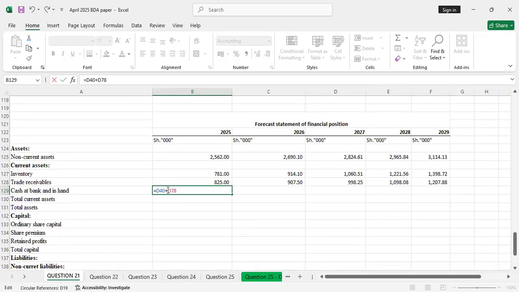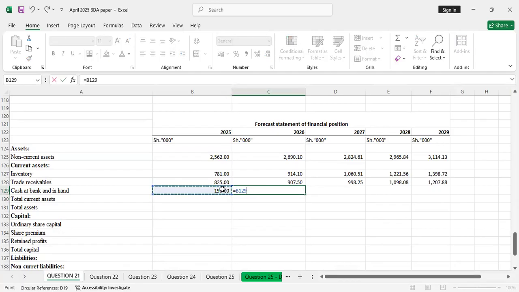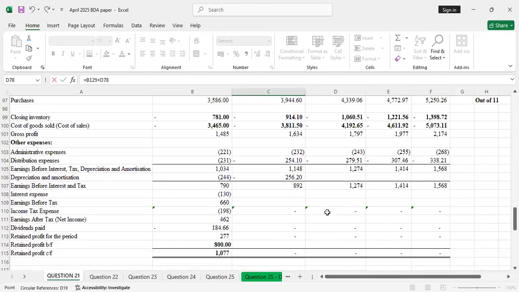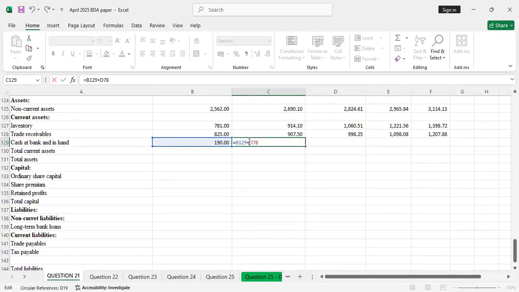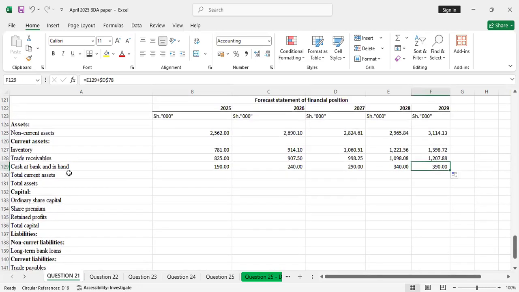Lock that cell with 50. So it's 190. I'll also do the same with this. I'll take 190 plus that 50, and if I lock it with the dollar sign, enter, it will give me 240. Then I can just drag. You can see now it's 290, 340, 390, an increase of 50. I do it that way.